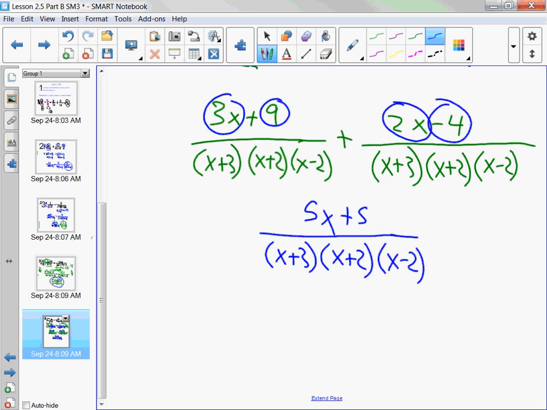And I notice that the top has a common factor of 5. We can factor a 5 out. It's not going to help us in this case because my other factor is going to be x plus 1, and that doesn't cancel with anything on the bottom. There's no x plus 1s on the bottom, so we're just going to say that that's good, and that's the answer.